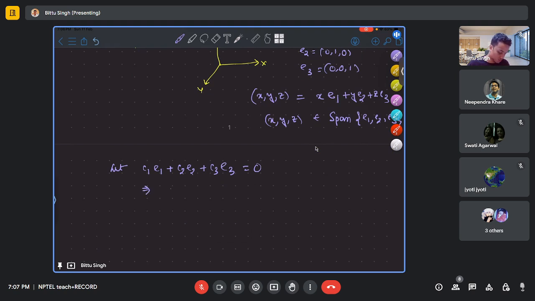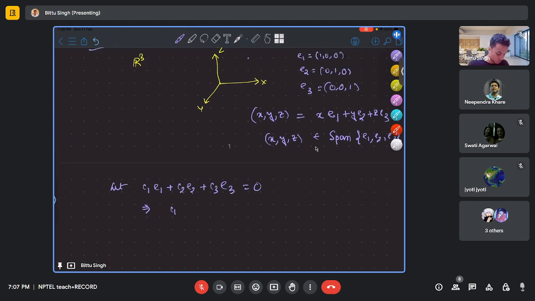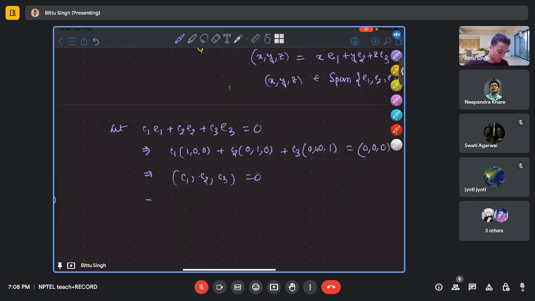This will imply c1 (1,0,0) plus c2 (0,1,0) plus c3 (0,0,1) equals 0, where 0 is the zero vector. This will imply (c1, c2, c3) equals 0, which is the same as saying c1 equals 0, c2 equals 0 and c3 equals 0 simultaneously.